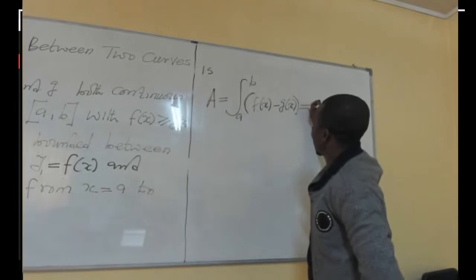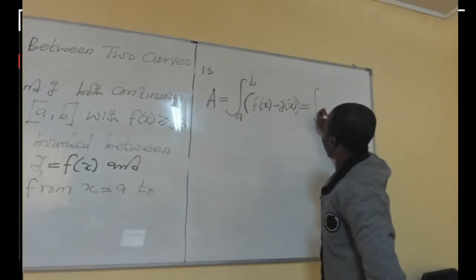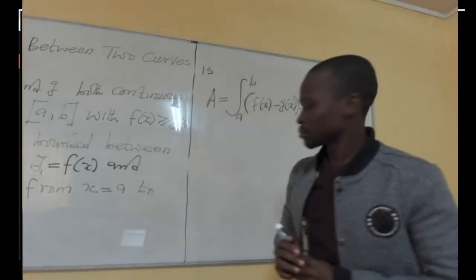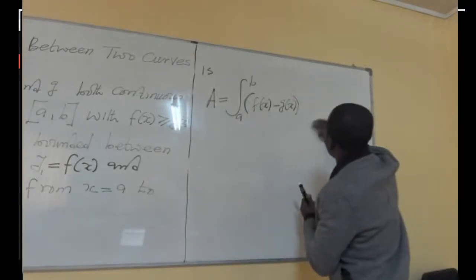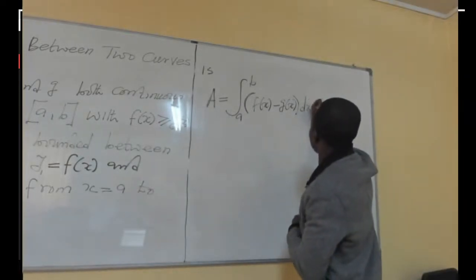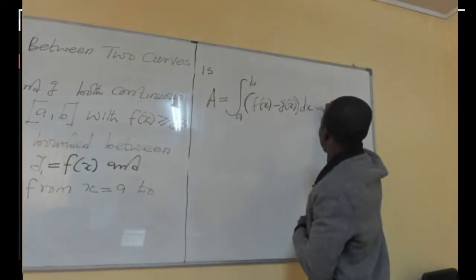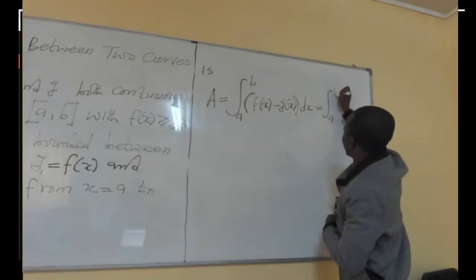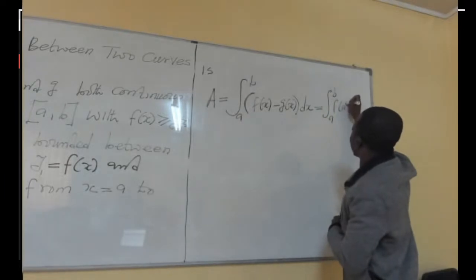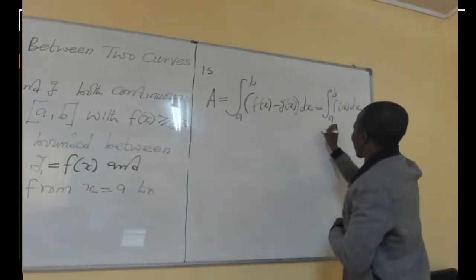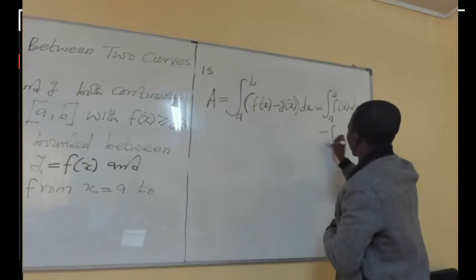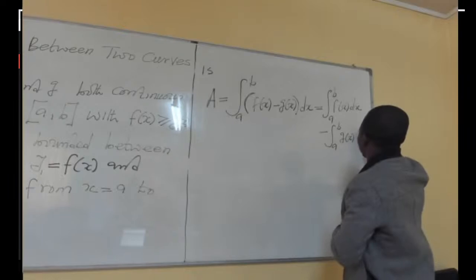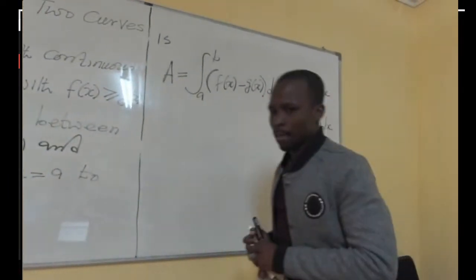Now, if we apply the linearity property, we are integrating with respect to x, so this is just equal to the integral from A to B of f of x dx minus the integral from A to B of g of x dx.